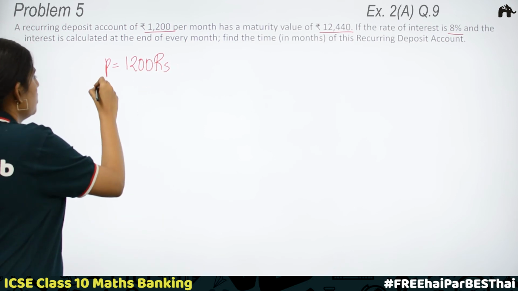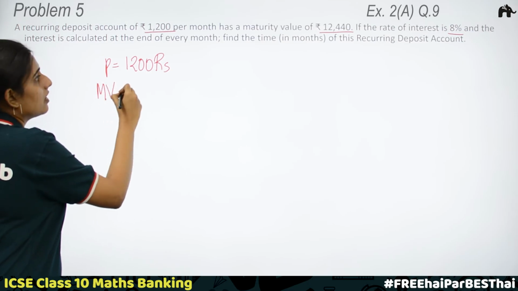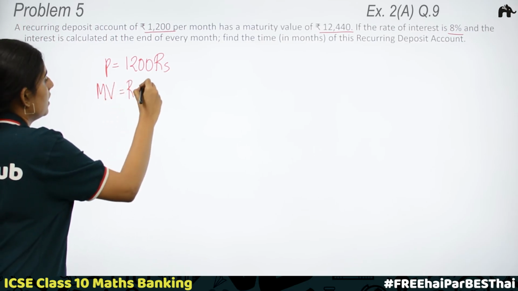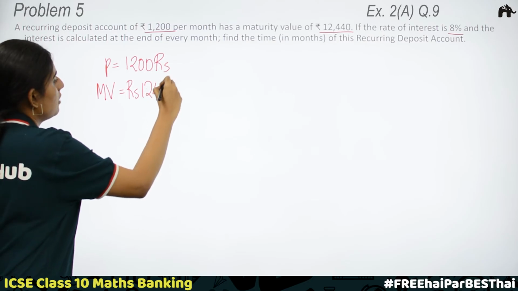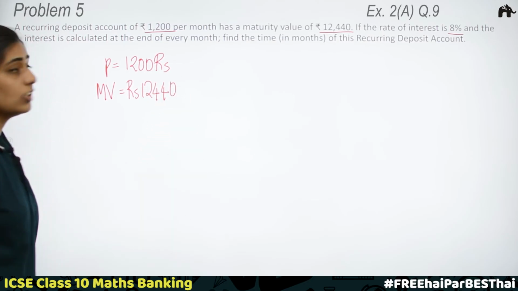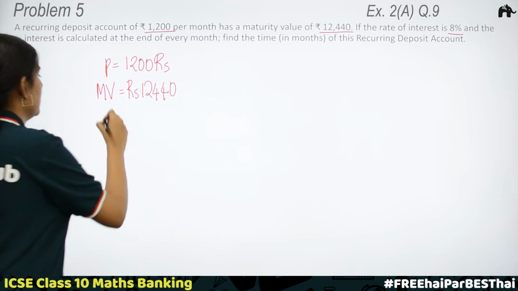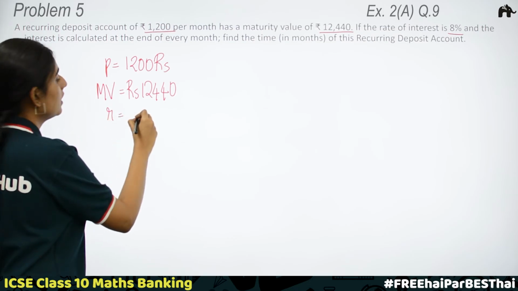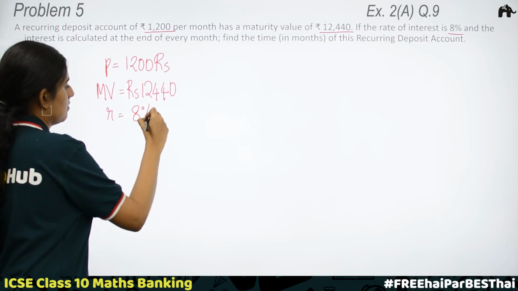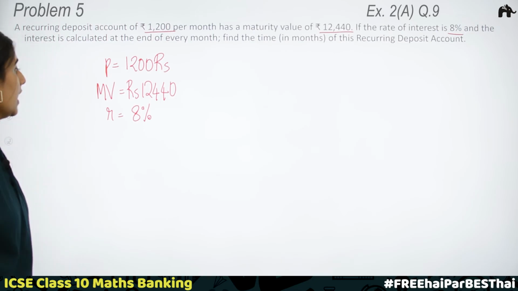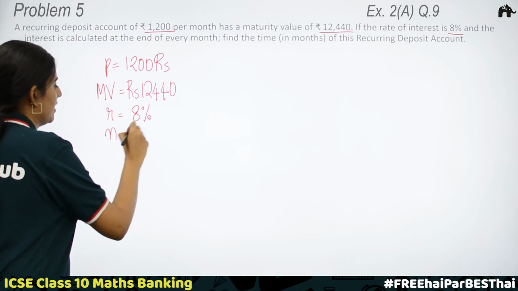Then the maturity value is given, which is rupees 12,440. What else is given? The rate of interest is given. Yes, that is R equal to 8%. Now we need to find the value of N.